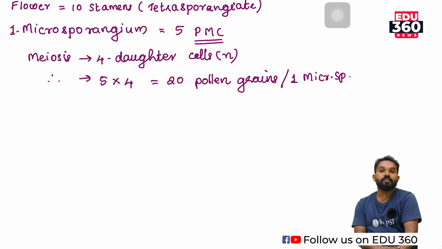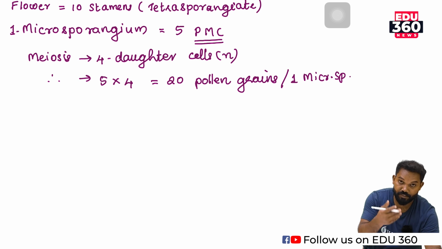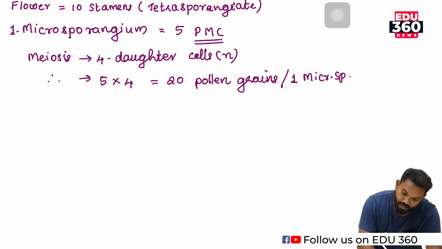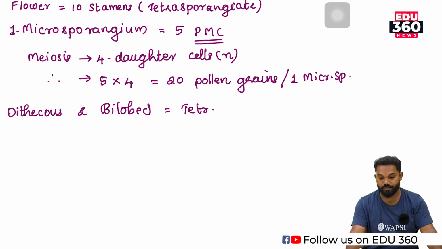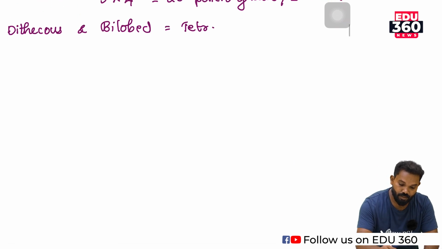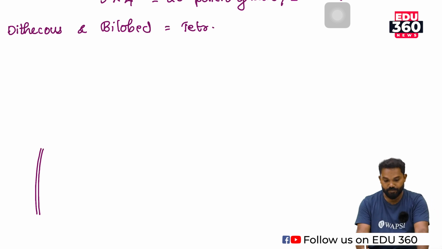Then how many microsporangia are present in a stamen? Our question says it is a dithecous and bilobed anther, which means tetrasporangiate. Each stamen has 2 parts.